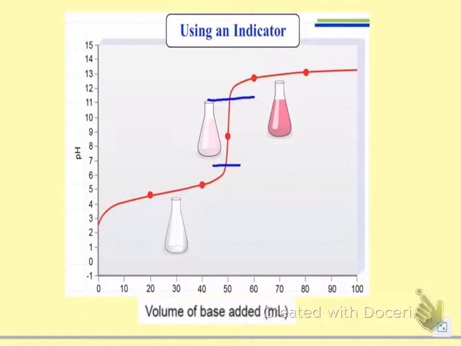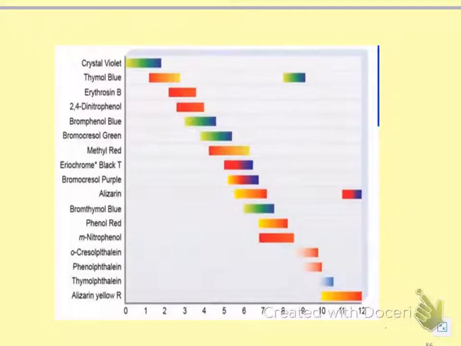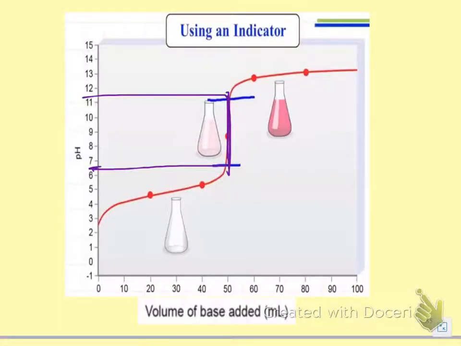So what you're looking for is an indicator that's going to be changing color within this range. And if you go across, it's a pretty wide range, anything from 6.5 to 11.5. As long as you're in that area where you have that steep curve or that steep rise, that indicator will work. Alright, so let me just bring a picture here.